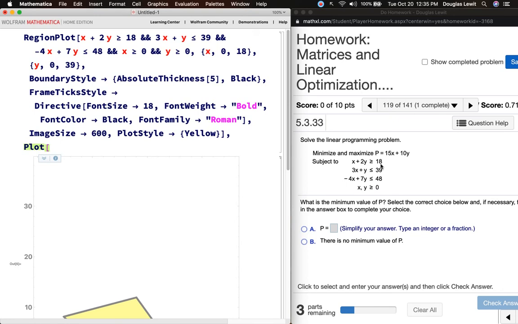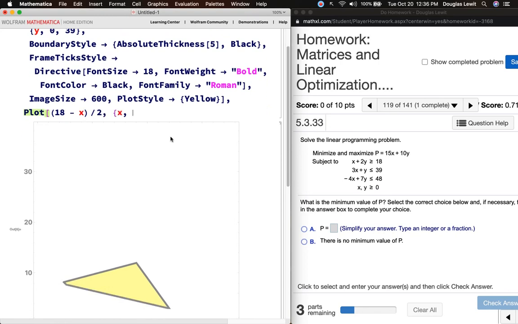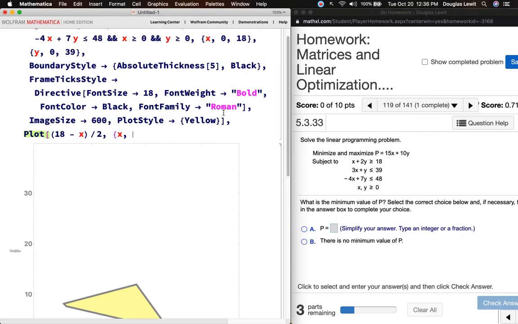So you're going to have 18 minus x divided by 2, and x is going to go from 0 to 18.